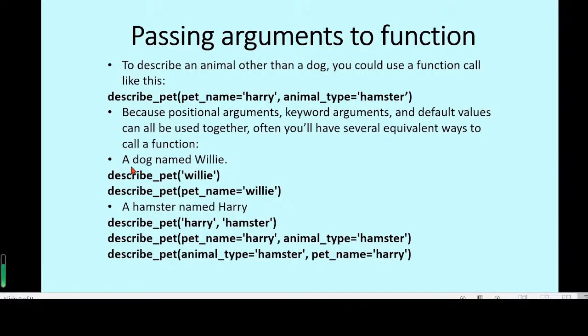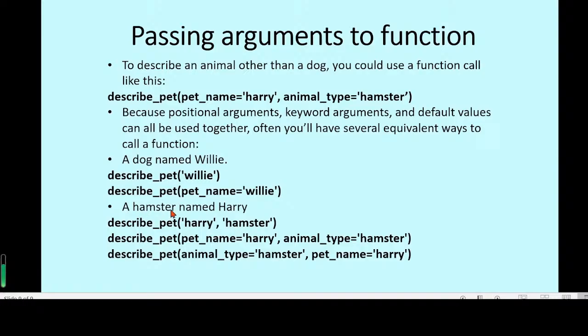For example, we have a dog, the name is Willie, so we can describe a pet, Willie, which we have seen, and describe a pet name is Willie. These two we have learned. And if it's a hamster named Harry, we can write Harry here, hamster second, because in the definition it is the second place for the type, but with a default value.